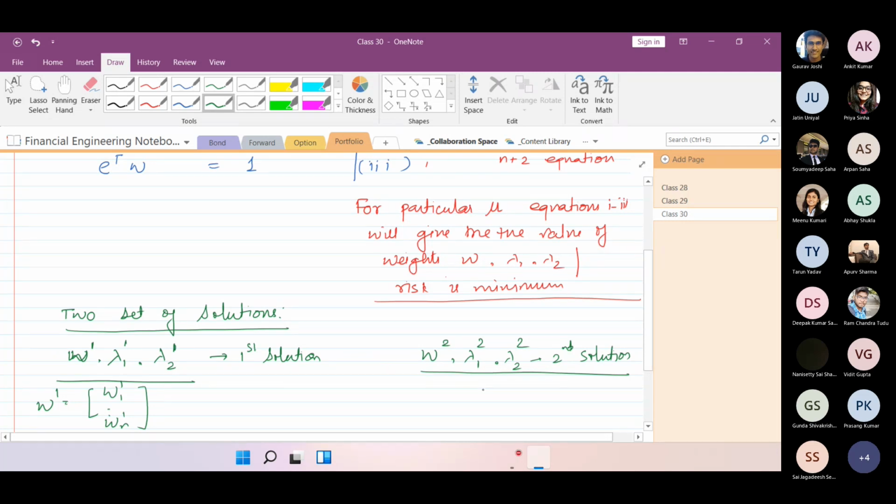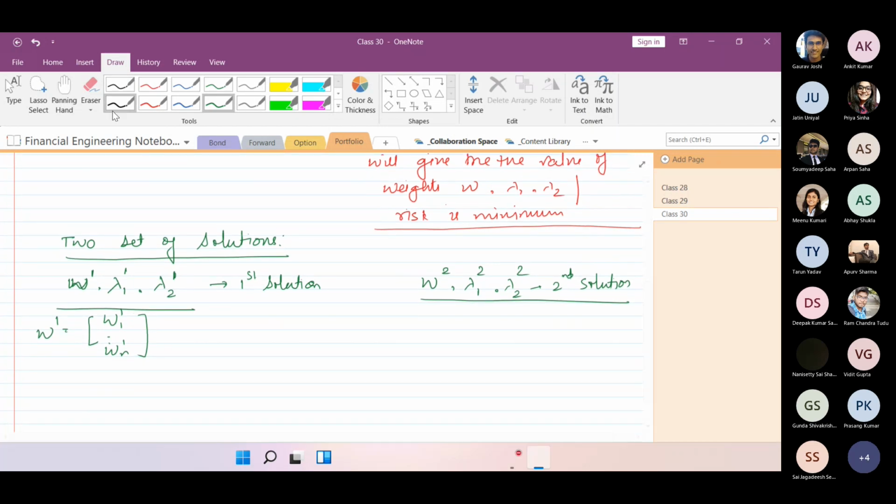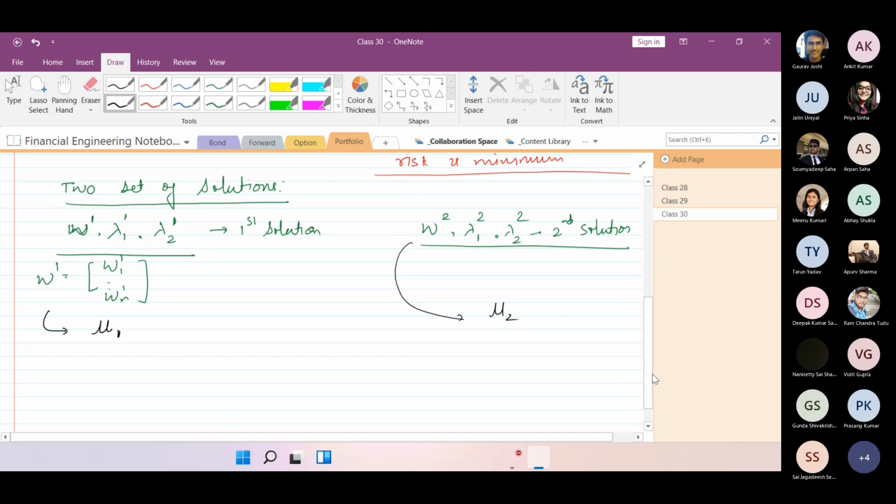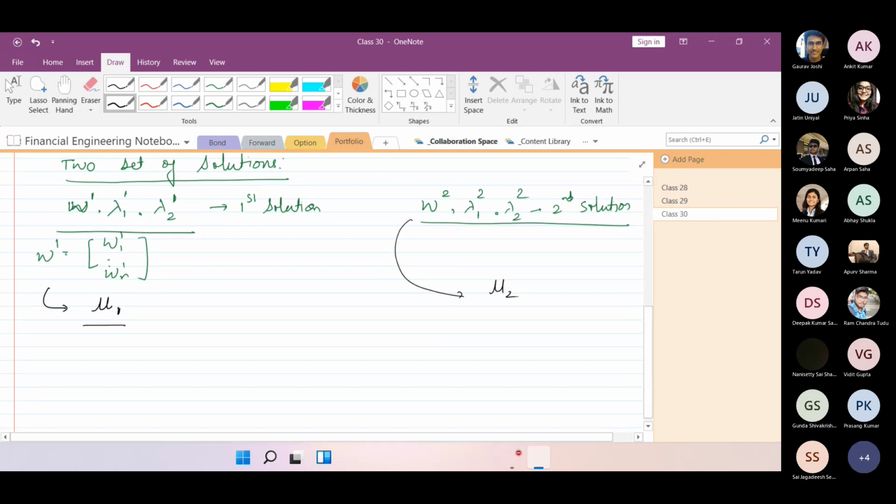Let's say that corresponding to the first solution, I have a return which is mu1, and for the second solution, I have a return which is mu2. Let's say that these are all known. What I need next is to find the minimum risk, or in other words, to find the weights for the return mu3.